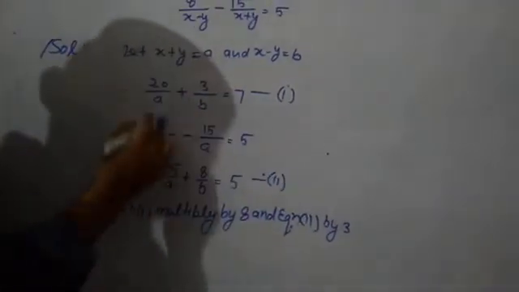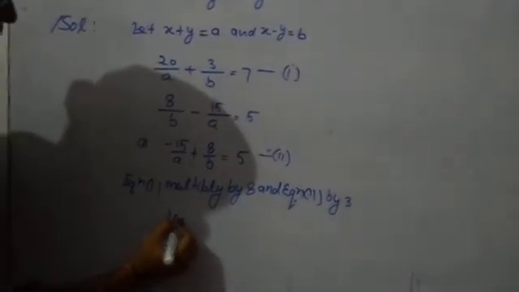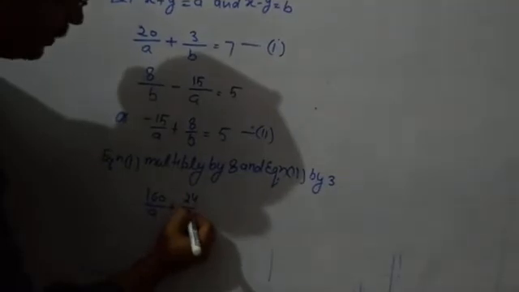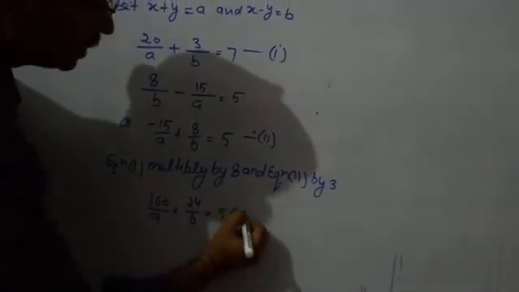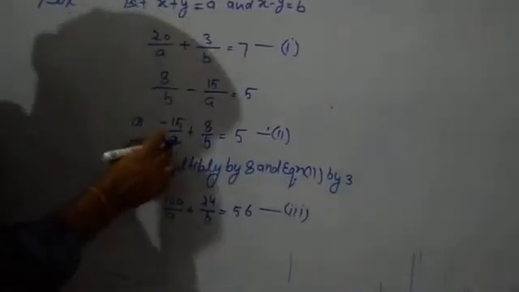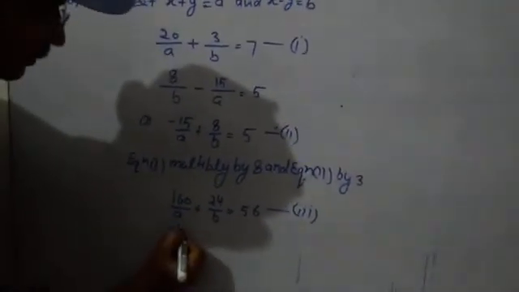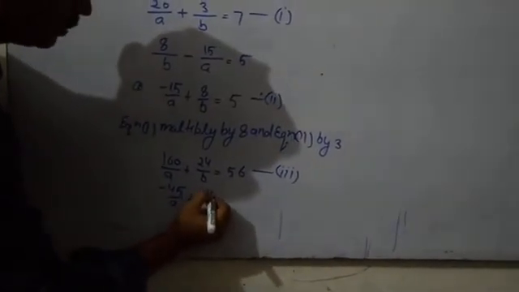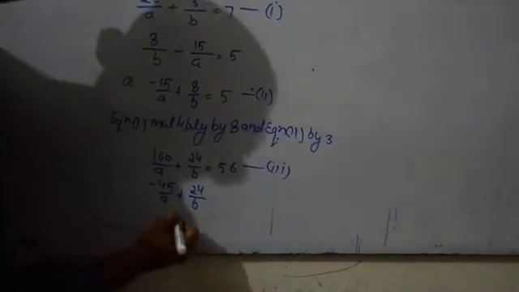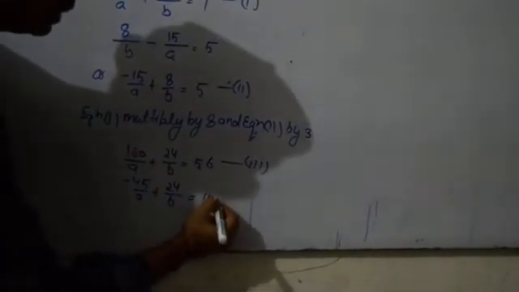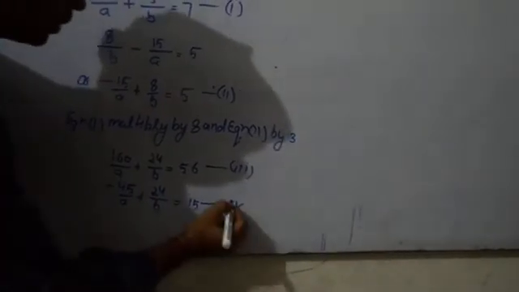Equation 1 multiplied by 8: 160 by a plus 24 by b equal to 56. This is the third equation. And equation 2 multiplied by 3: minus 45 by a plus 24 by b equal to 15. This is equation 4.